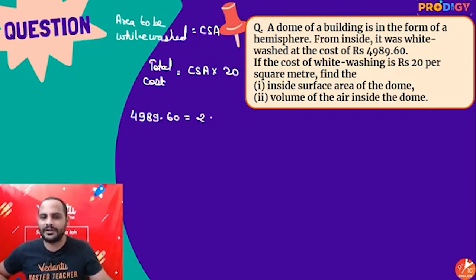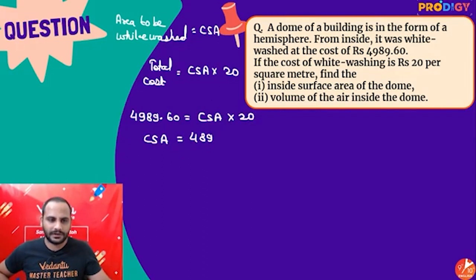CSA for a hemisphere is 2 pi r square. The first thing is to find out the inside surface area. First, let us find out CSA only. Directly do it by division. CSA into 20, so CSA will be equal to 4989.